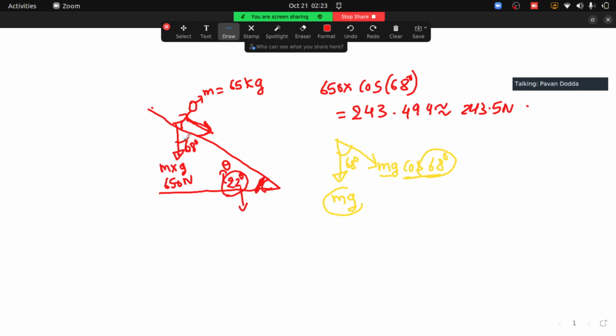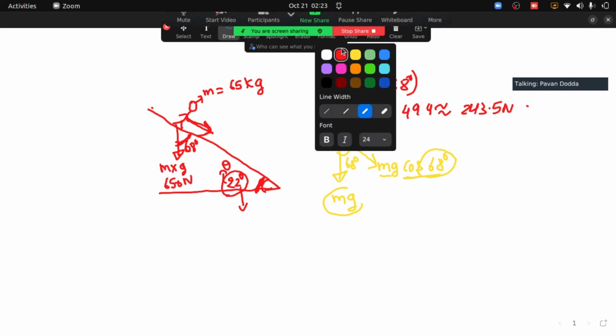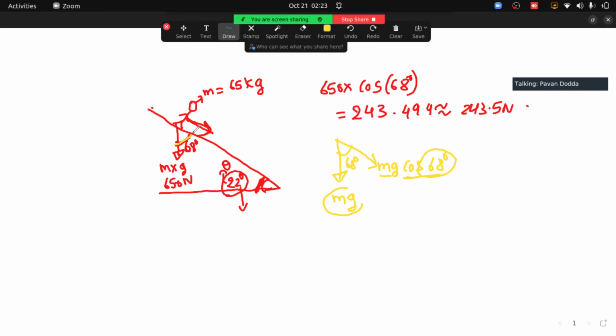Now, what would be this other angle? I know this angle to be theta. Now I want to know this angle.